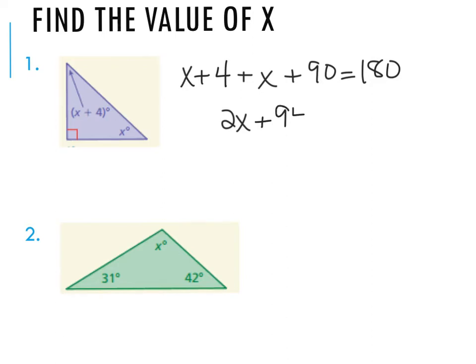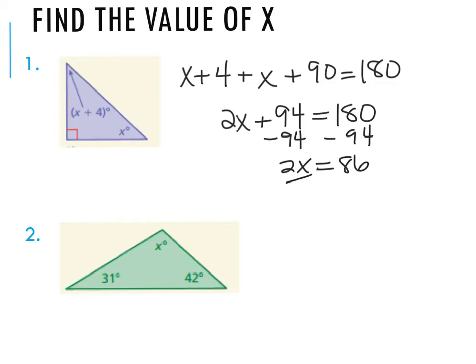And it says to add them together, which is 94. And then now I have like terms on the opposite side, my 94 and my 180, so I'm going to subtract to move it over to the other side. And then I'll divide by 2 to get x equals 43.